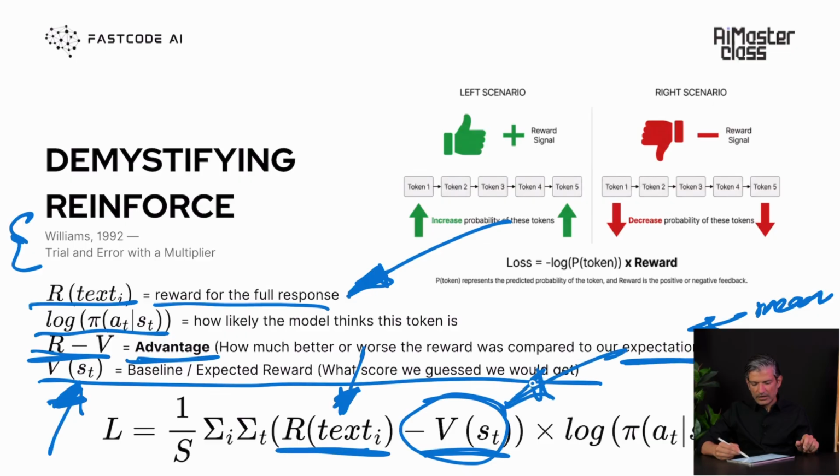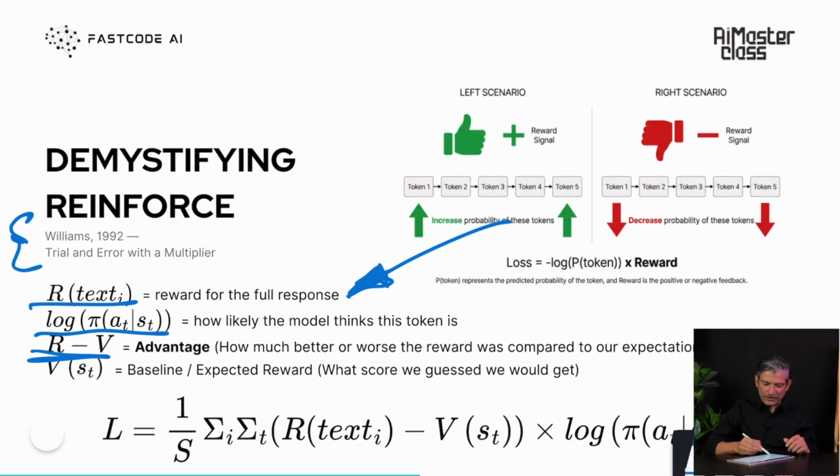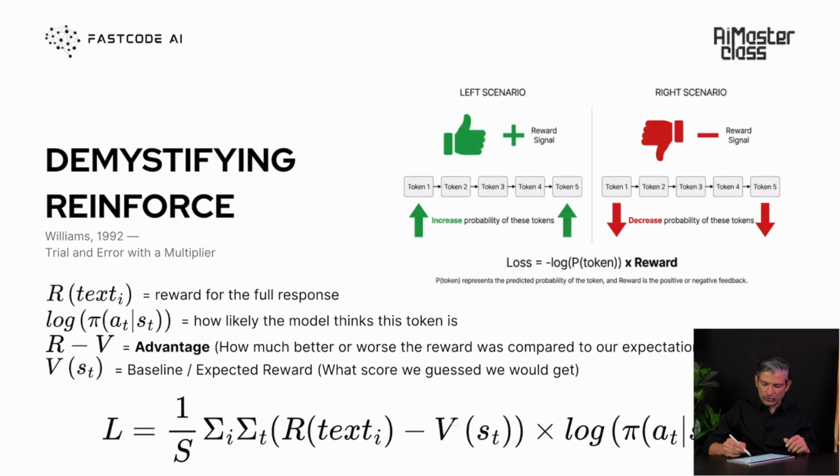Your value function is for a particular token. Whenever you see these signs, it looks complicated, but just think of them in your head as for loops. Here we have an inner for loop and an outer for loop.